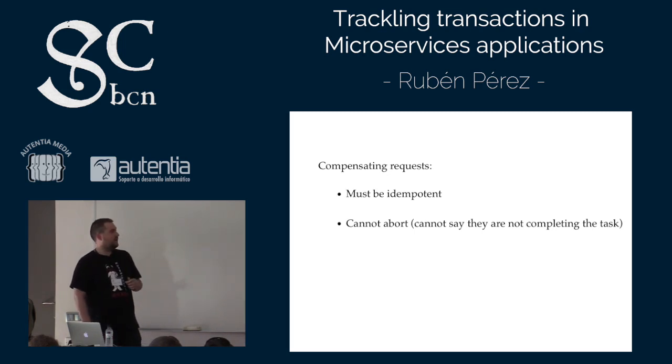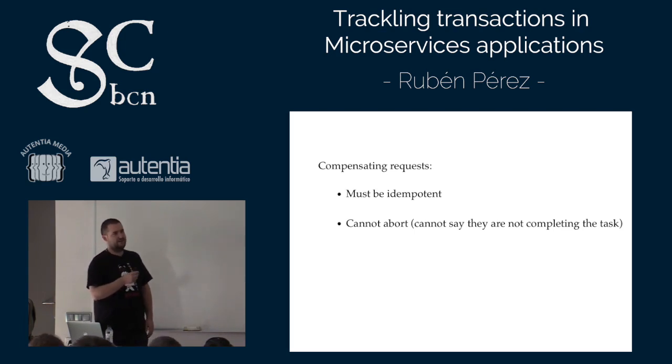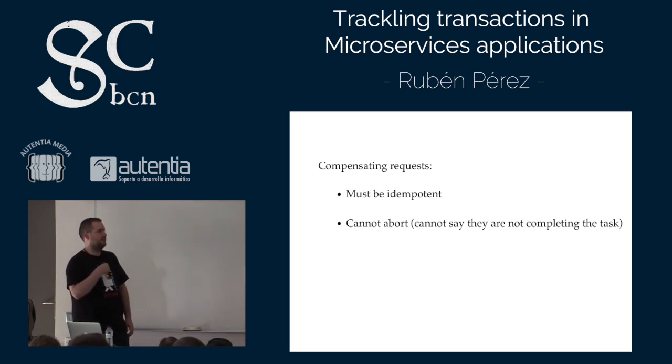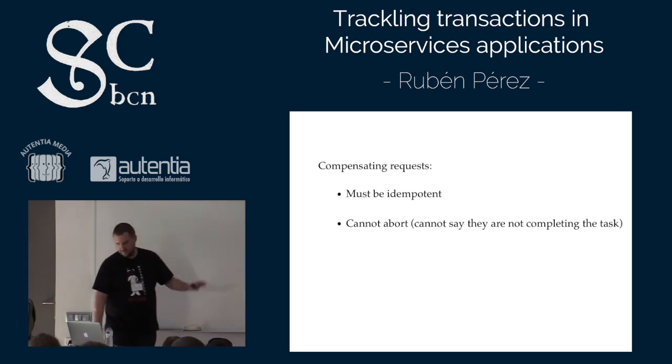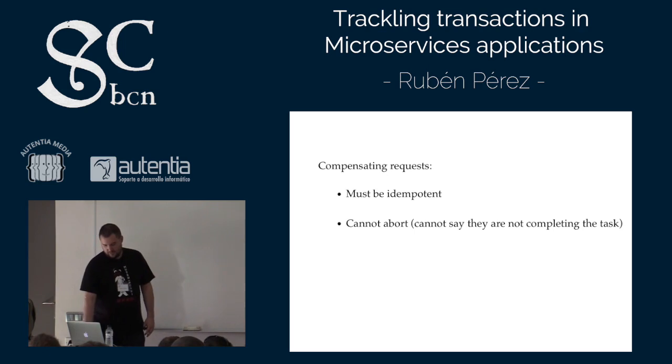And also the compensating request cannot abort. And abort in this context means that the service answers with a no, I'm not doing that. So in the case of the hotel reservation service, if you have booked a room there and you want to cancel that, the service cannot say that they are not doing that. So those are the preconditions.